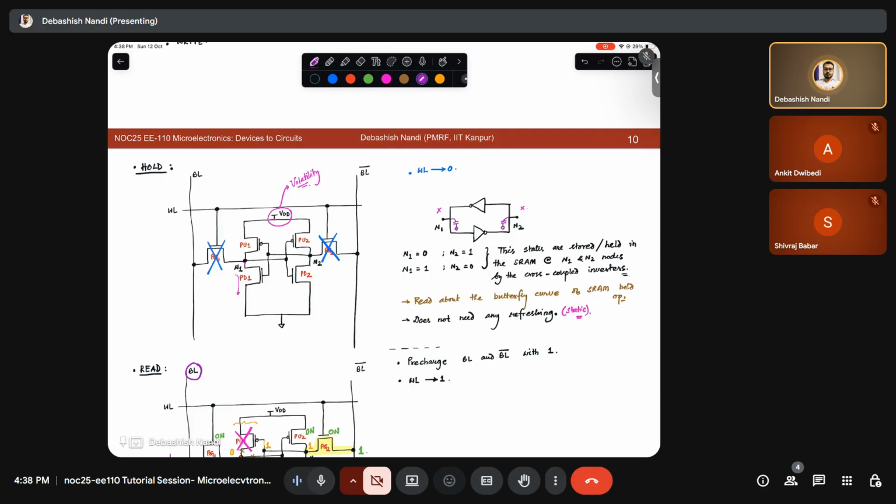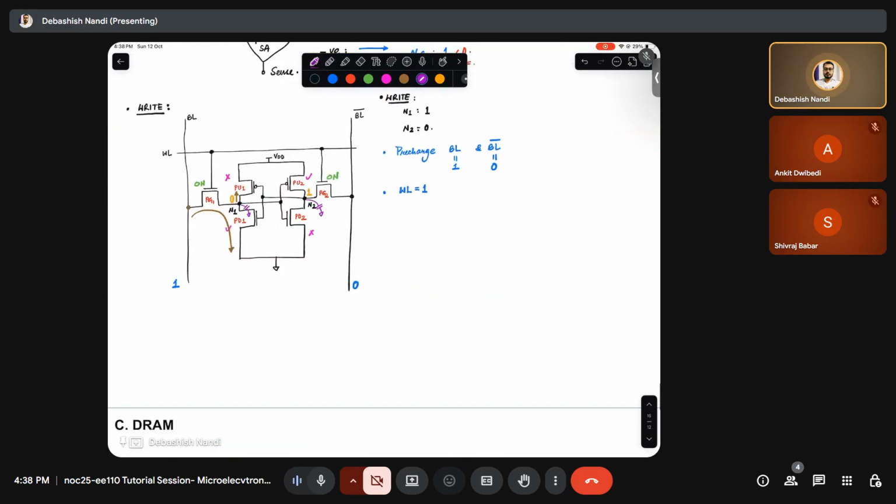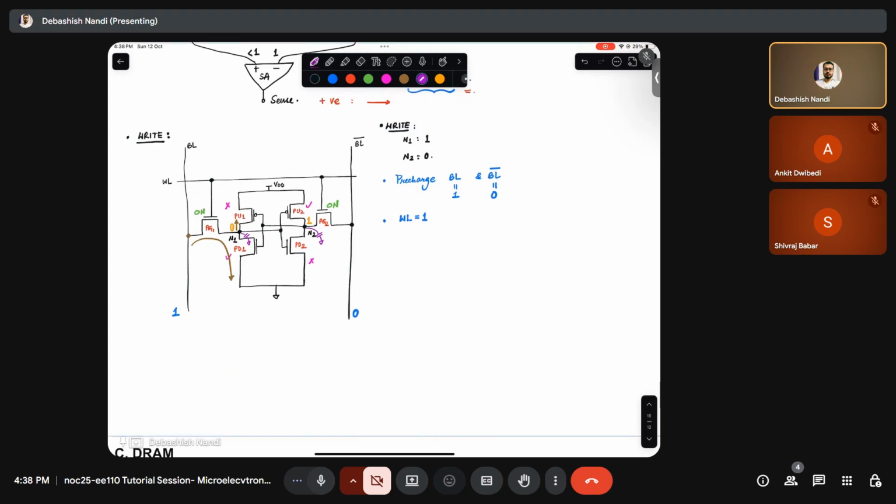Okay. So if that is the case, then similarly, what is happening at the right hand side? This transistor is now on. So this one will get discharged through this node.